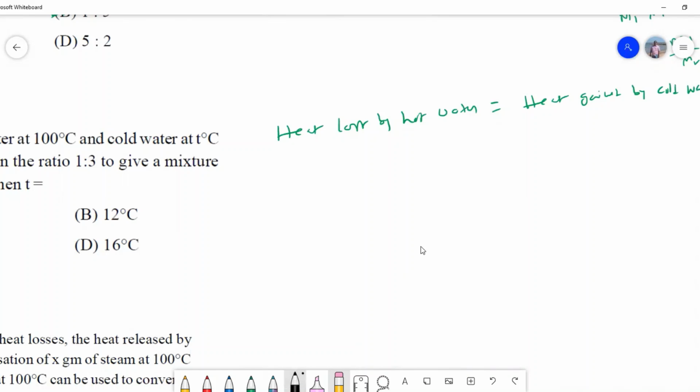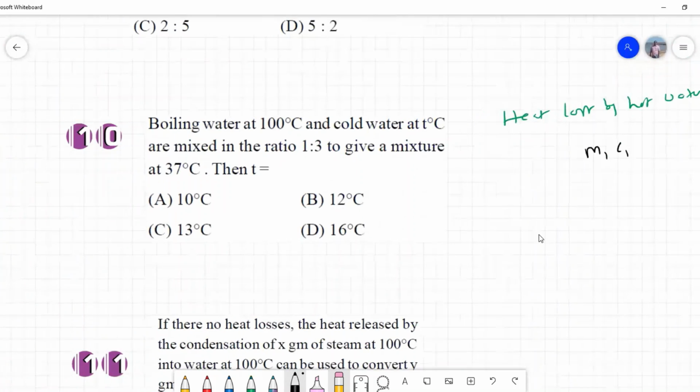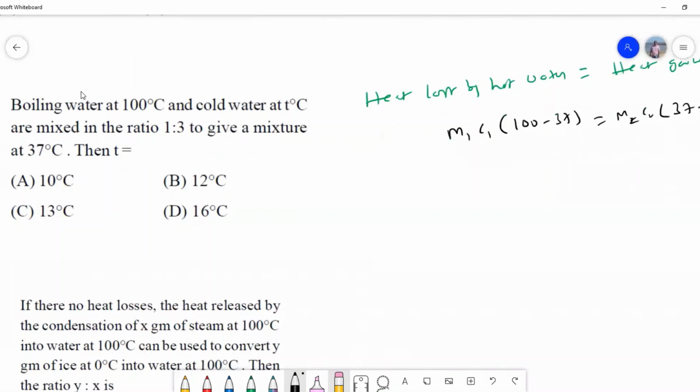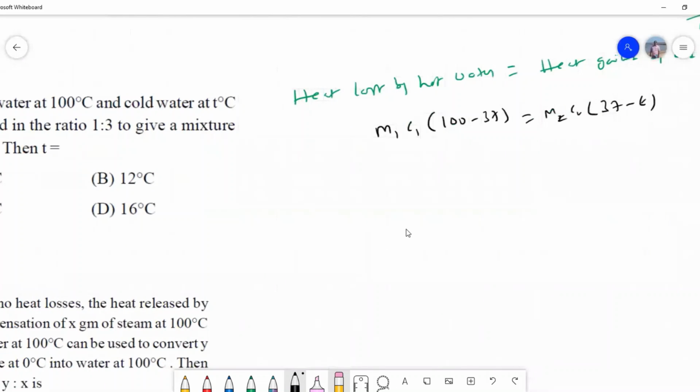Okay, so here M1 C1, for this one 100 minus T, M2 C2 into, the resultant will be more than this one, so T minus 3. The resultant temperature will be less than the hot water, more than the cold water.